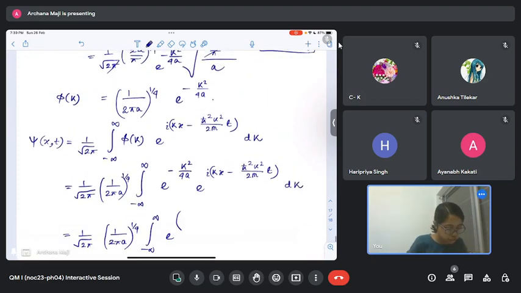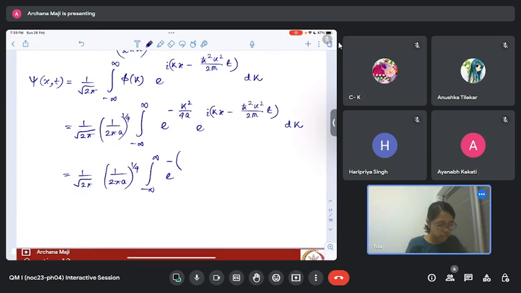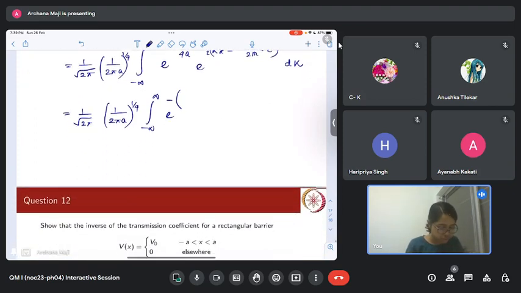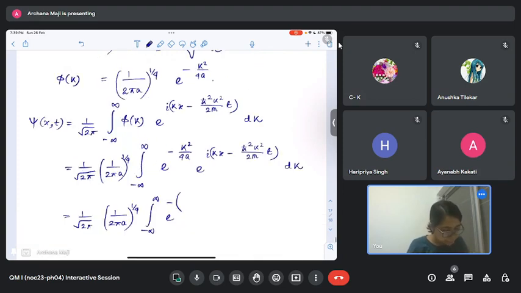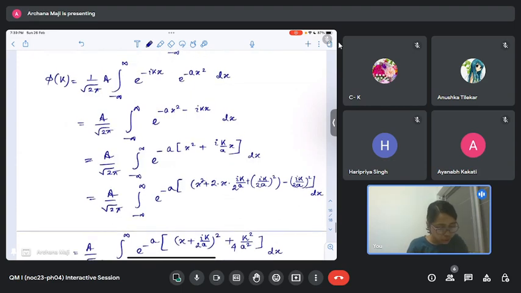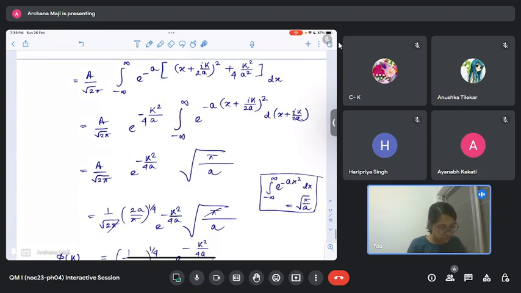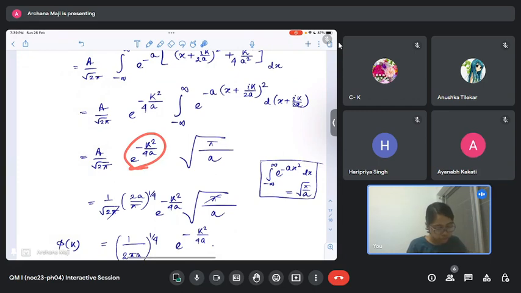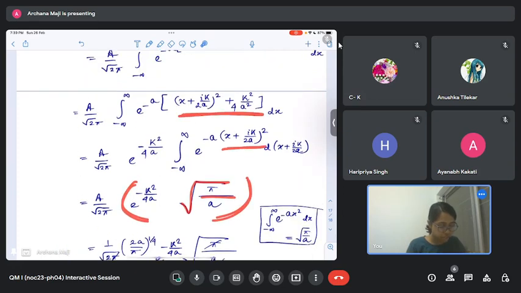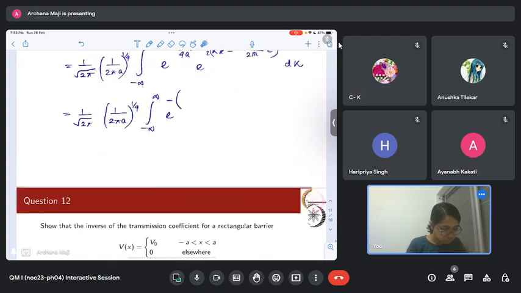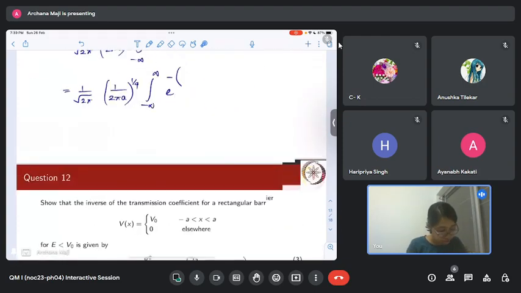We need minus some constant times k square. Okay, so we now know the relation. When we have exponential minus ax square plus ikx, the final result that we get is exponential minus k square over 4a square root pi over a. So this we will use now instead of doing these steps here. We'll just use this result.